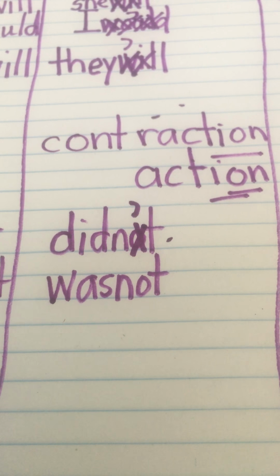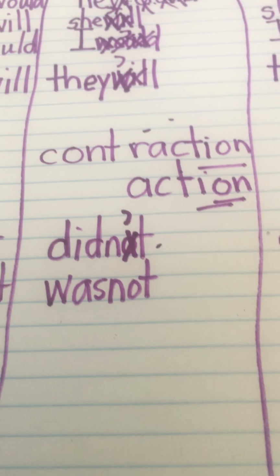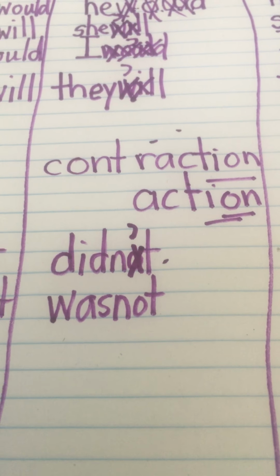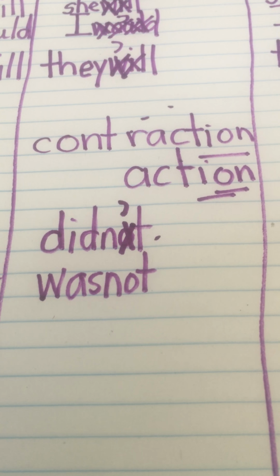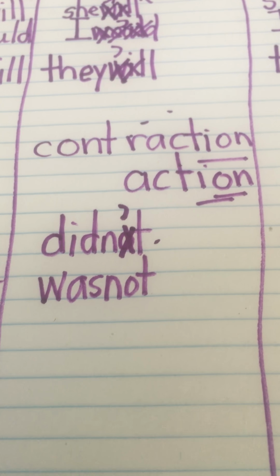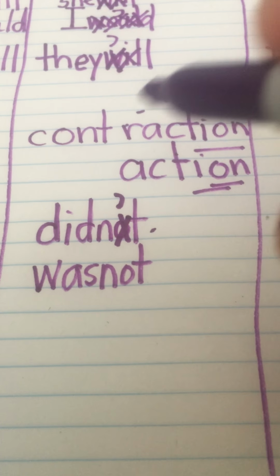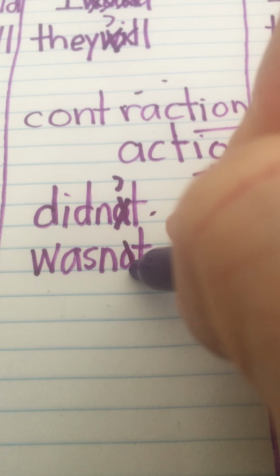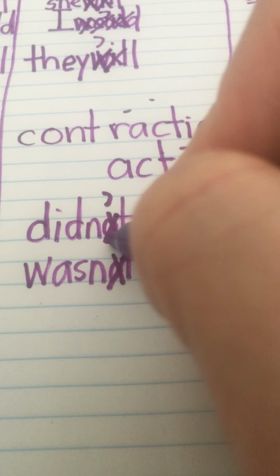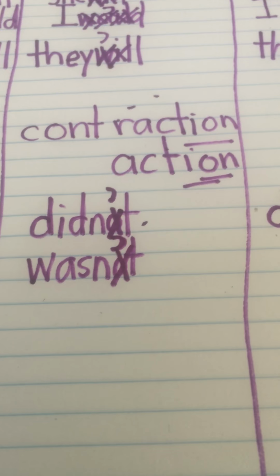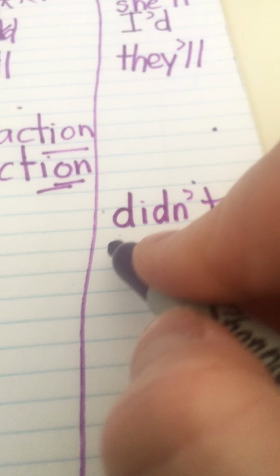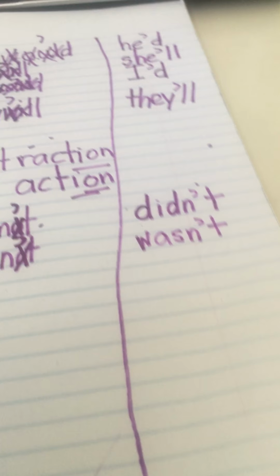All right, now, before I do it, can you figure out what letter you're going to cross out? Just like in did not. What letter? Yep, you got it. You're going to cross out the O and replace it with the apostrophe. And so the new word is wasn't. The contraction is wasn't.